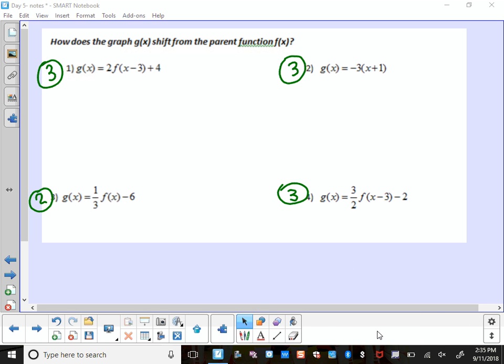All right, so Charlie, the first one, number 10 on your paper. I have 3 transformations. My 2 tells me to do what? Stretch by a factor of 2.